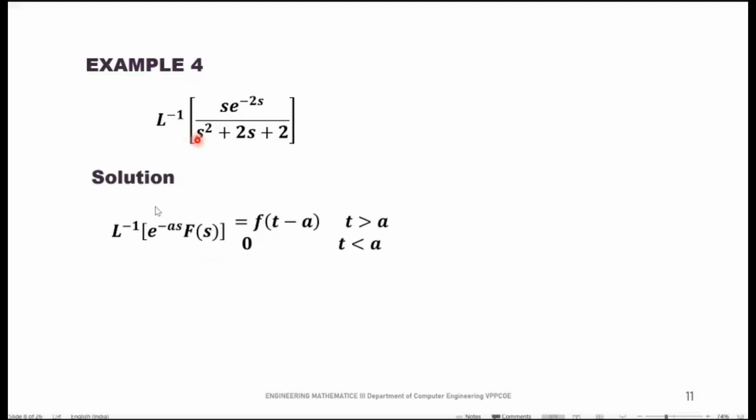Again, comparing this with this. So when it is multiplied by e raised to second shifting theorem in inverse, and in the Laplace transform, when the function is multiplied by e raised to at, apply the first shifting theorem. A is equal to 2, f of s is equal to this. Now calculate L inverse of f of s.